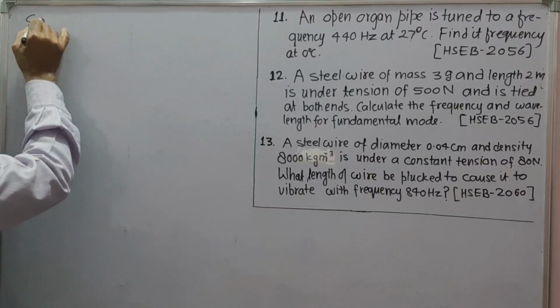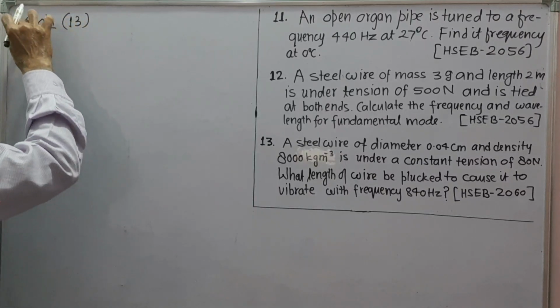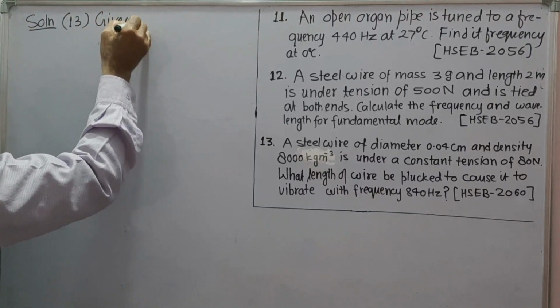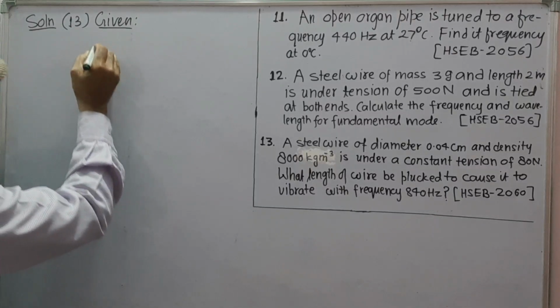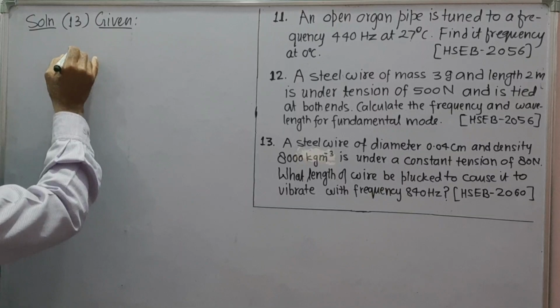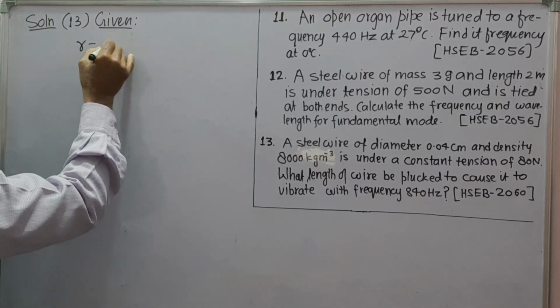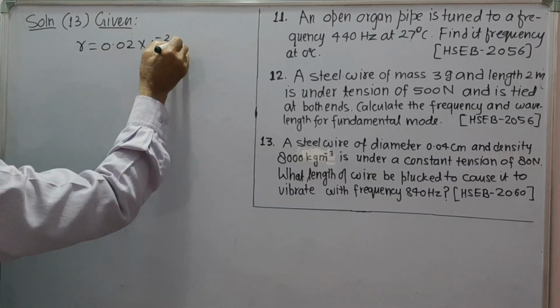Solution to question 13. Given diameter 0.04 cm means radius 0.02 cm means 10 to minus 2 meter.